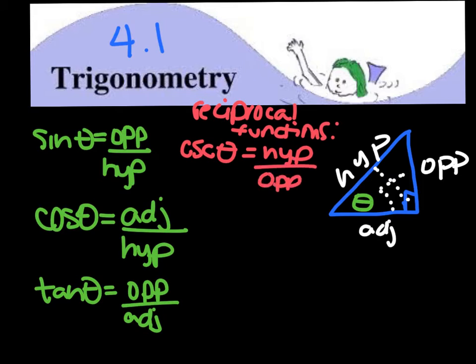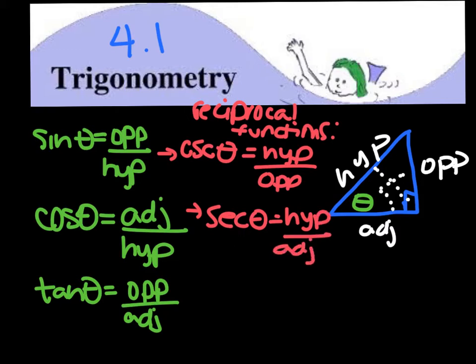The reciprocal of cosine is secant, which is your hypotenuse over your adjacent. And the reciprocal of tangent is cotangent, and that's adjacent over your opposite. Those are your 6 basic trig functions. I want you to put those, if you haven't already done so, on your yellow pages.